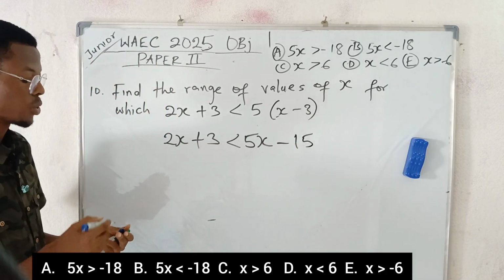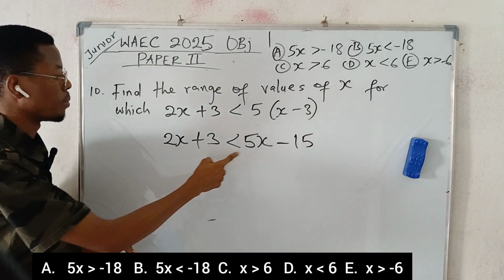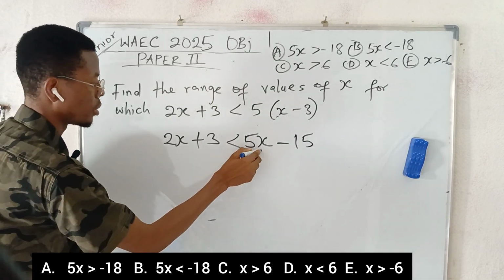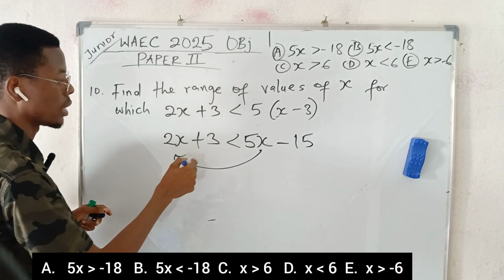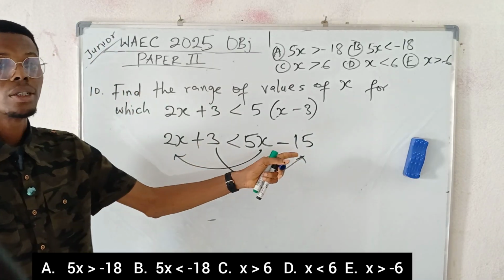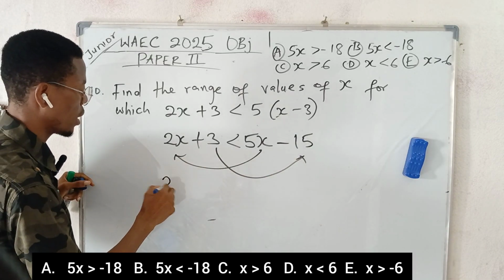Are you seeing it? So what do we do next? We collect our like terms. Now 5x comes to this side, so it crosses this sign, and then 3 goes to the other side to join the negative 15. Now what we have is 2x.